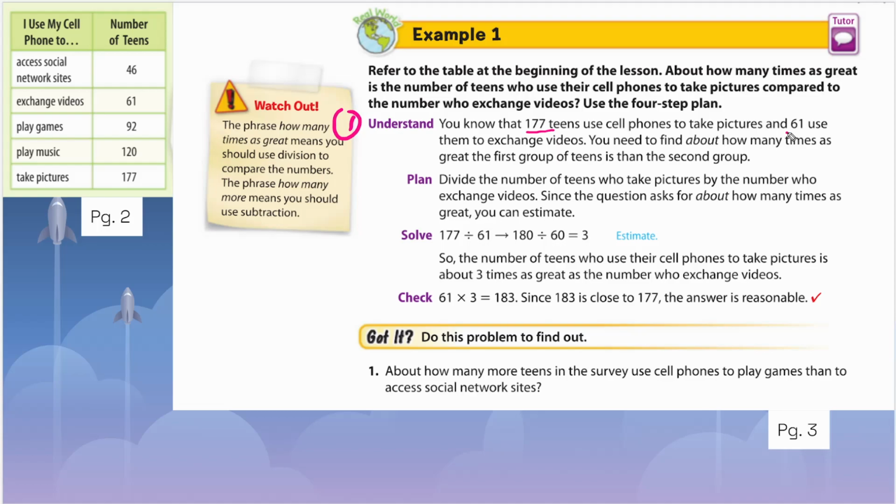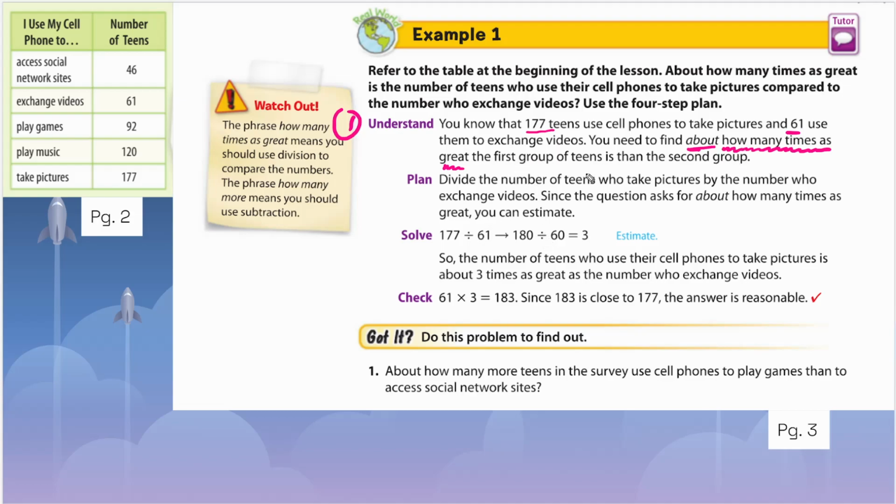You need to know the number of teens who use cell phones to exchange videos. You need to be aware of this word about, because that's going to tell you how you're going to solve the problem. And then you need to know this phrase, how many times as great, because that's telling you the operation that you're going to use.